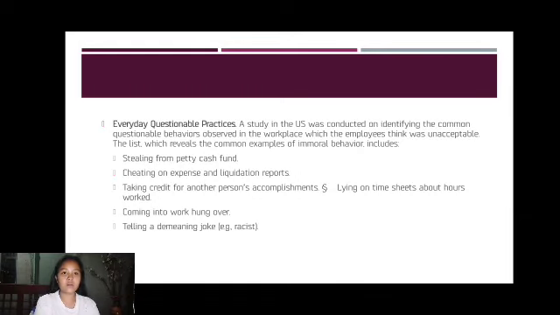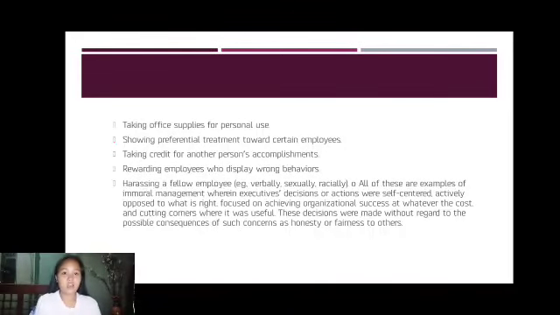The list, which revealed common examples of immoral behavior, includes stealing from the petty cash fund, cheating on expense and liquidation reports, taking credit for another person's accomplishments, lying on time sheets about hours worked, coming into work hungover, telling a demeaning joke, for example one that is racist, taking office supplies for personal use, showing preferential treatment toward certain employees, rewarding employees who display wrong behaviors, harassing a fellow employee.